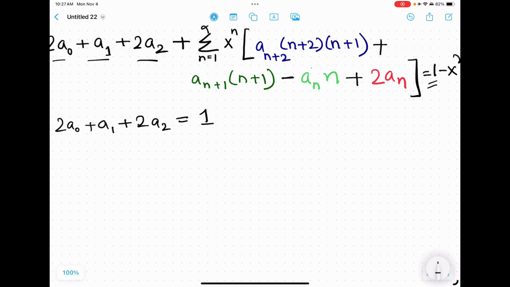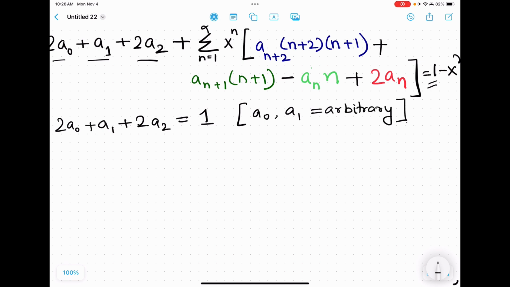And for problem number 9, my order of differential equation is 2 because I have my second derivative here. So that means I'll have 2 arbitrary numbers. And conventionally, I always take my a sub 0 and my a sub 1 as my arbitrary numbers, given that their values are not given, okay?